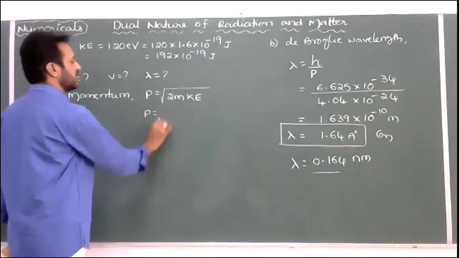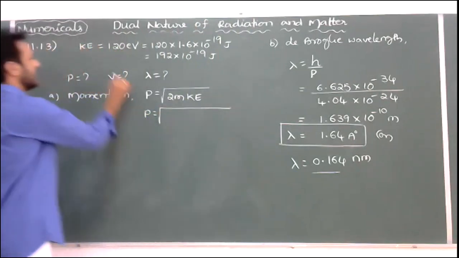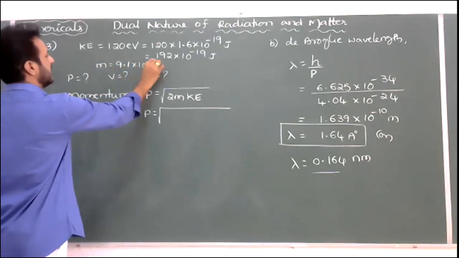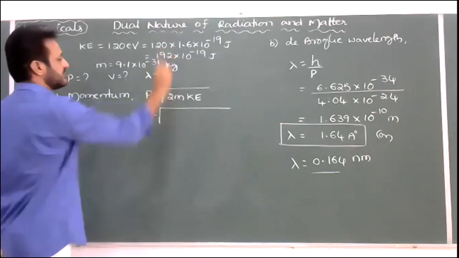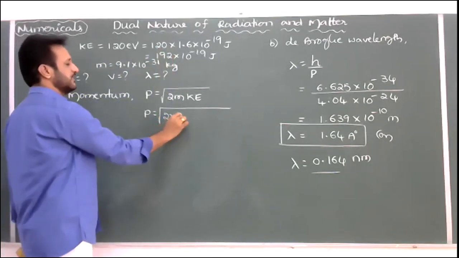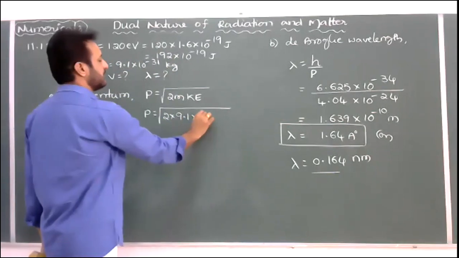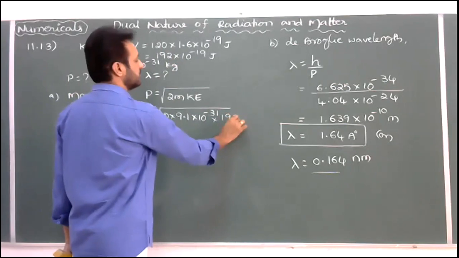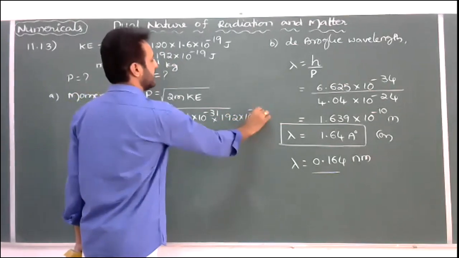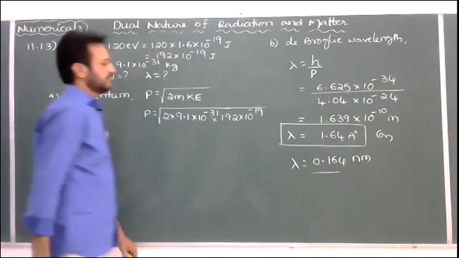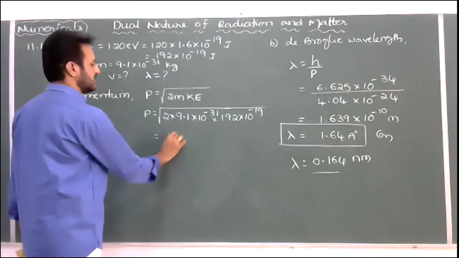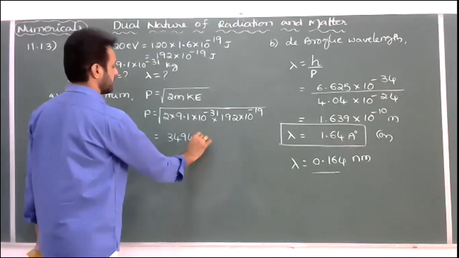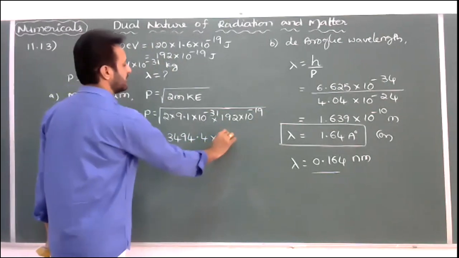P is equal to the square root of 2 into the mass of electron, 9.1 into 10 to the power of minus 31 kg, into the kinetic energy 192 into 10 to the power of minus 19. That is equal to 3494.4 into 10 to the power of minus 50.